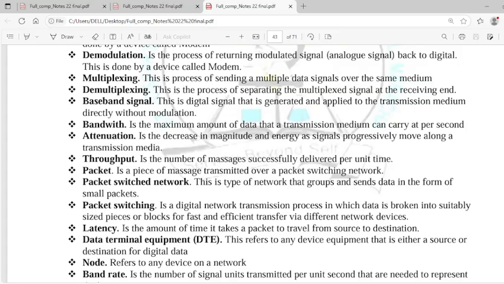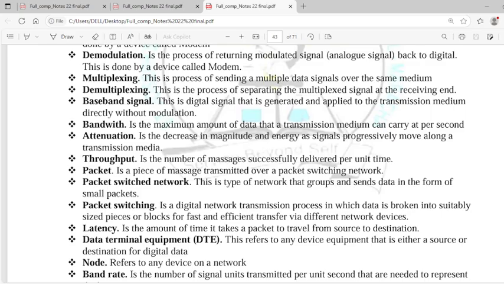Then we look at the next term, which is attenuation. Attenuation is the reduction or decrease in the magnitude and energy as signals progressively move along a transmission media. So attenuation is actually a problem that occurs in communication.